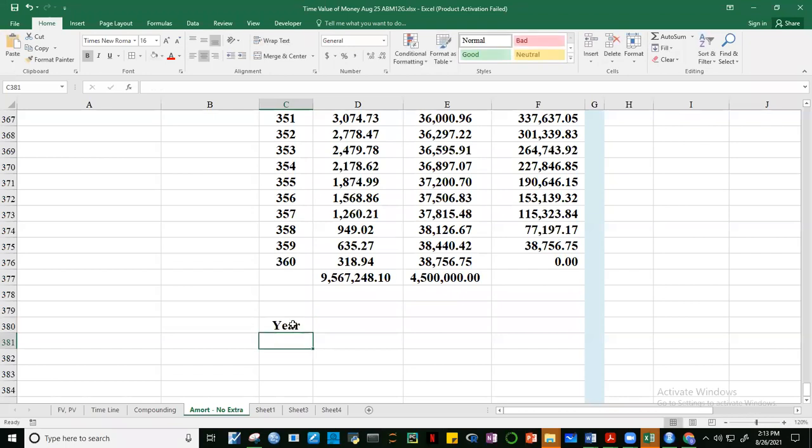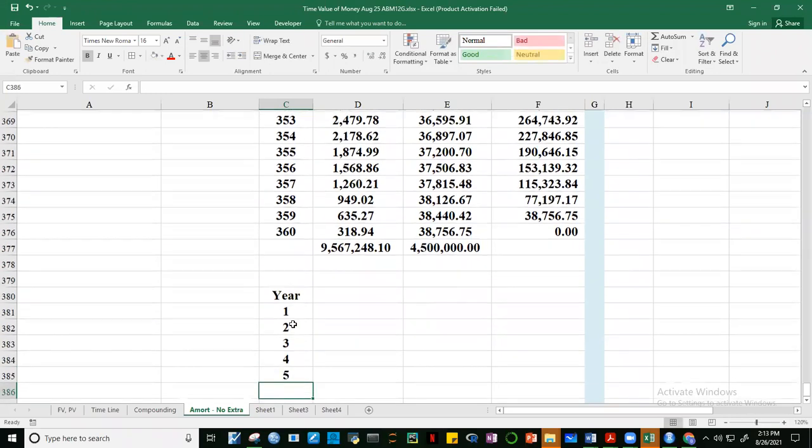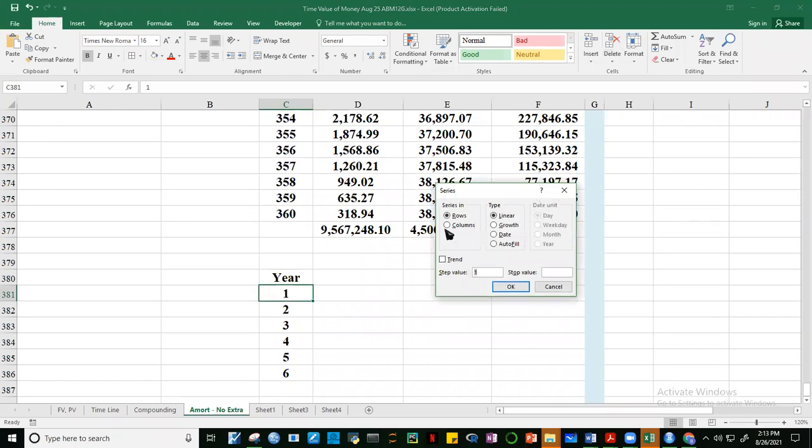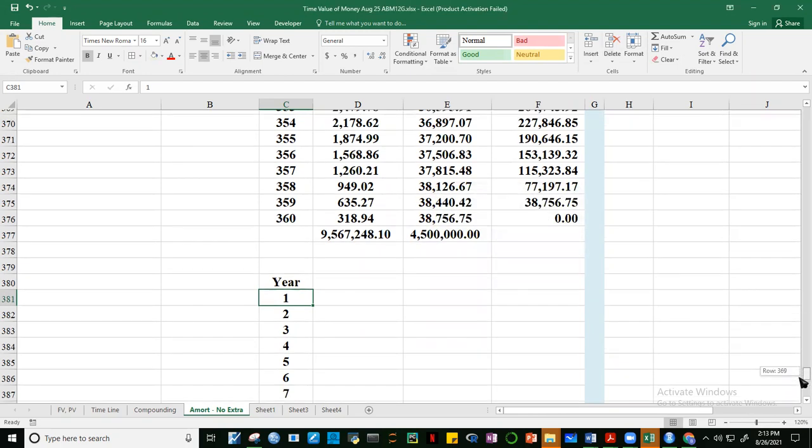Year lang, first year, second year, third year, fourth year, fifth year, sixth year. Mahaba pala to, ano? So dapat fill natin, fill series columns, step value 1 hanggang 30 years, no? Okay, so hanggang 30 to.